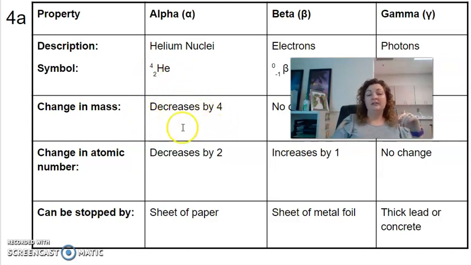So the mass is the 4, because a helium is 2 protons, 2 neutrons, so it's 4 AMU, okay? So that's going to be our mass number. And then the 2 is going to be how many protons it has, okay? So the atomic number is 2. So that's going to be what the 2 represents there. And what can it be stopped by? By a sheet of paper, absolutely.